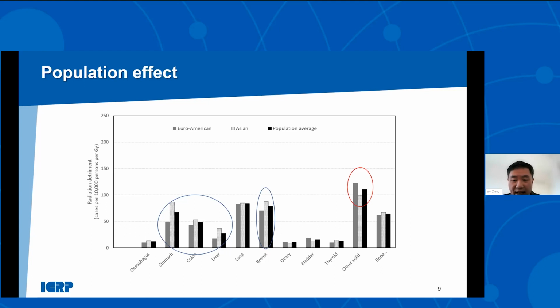For other solid cancers, indicated in red, the detriment for the Euro-American population was somewhat higher than that for the Asian population. Compared to the standard detriment, the maximum relative difference was always below 30%.